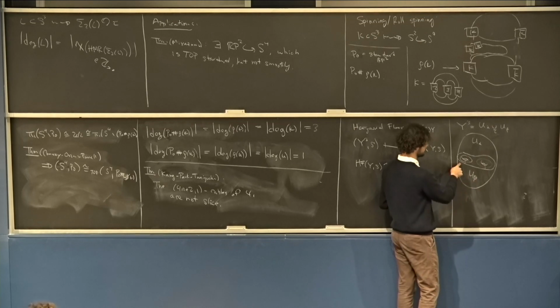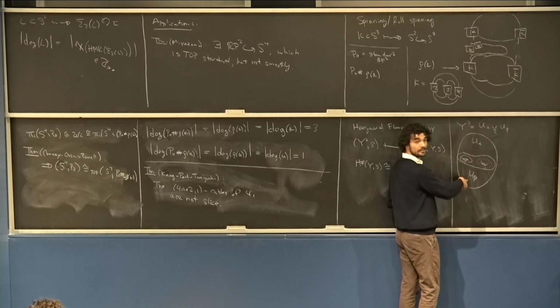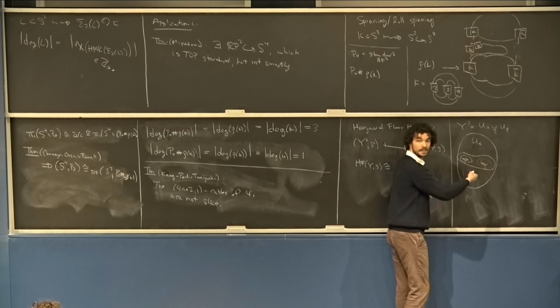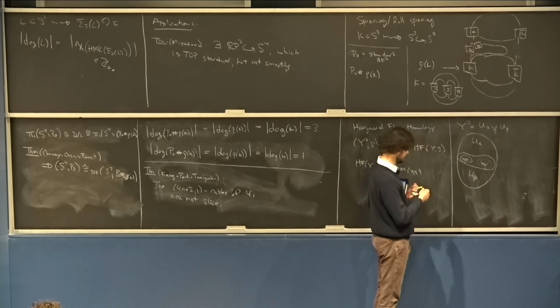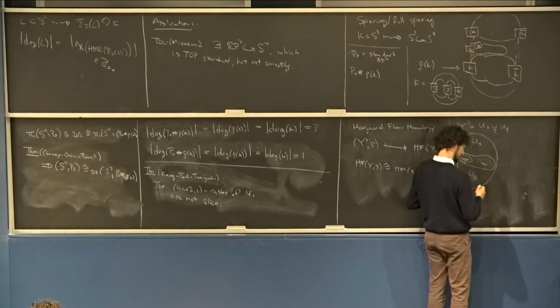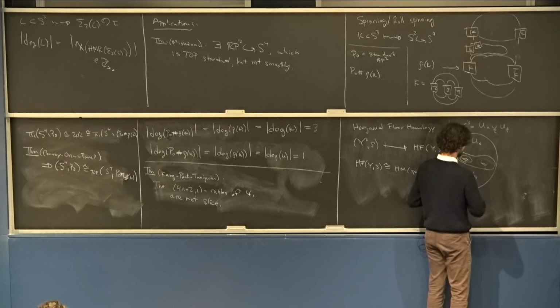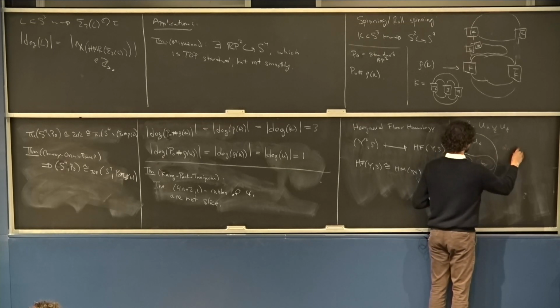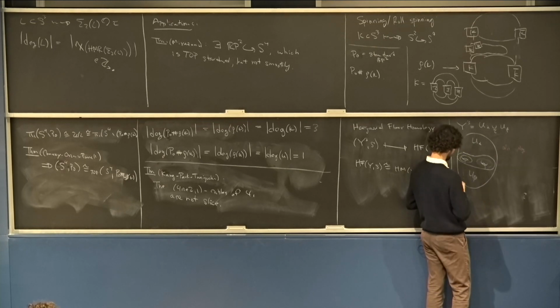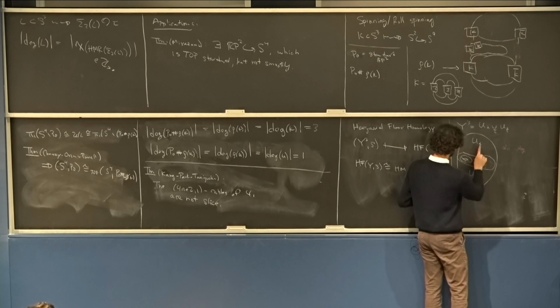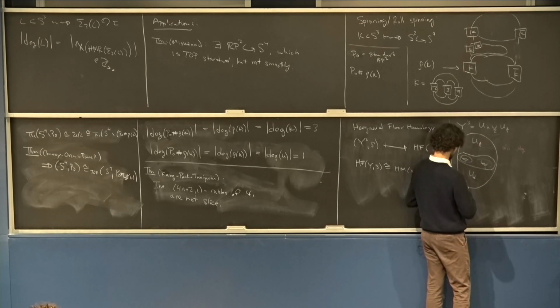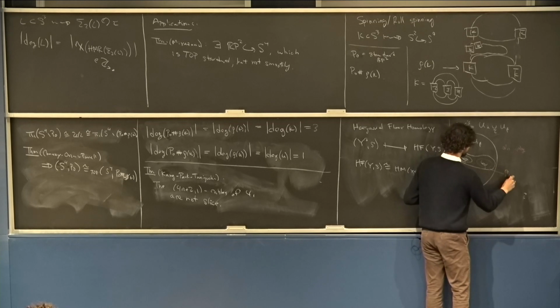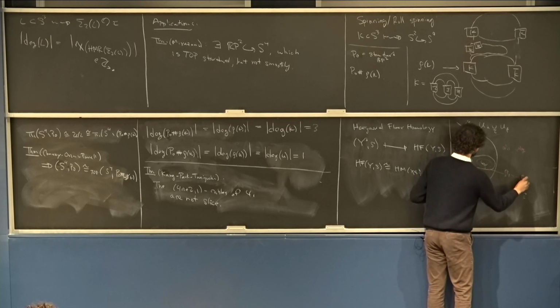And the way I do that is I sort of tell you what the cocores of the disks down here look like and the cores up here. And these just give you some collections of curves sitting inside the surface. So, oh boy. In red, I've got alpha 1 through alpha g curves, like that. And then I've got some collection of beta curves, beta 1 through beta g.